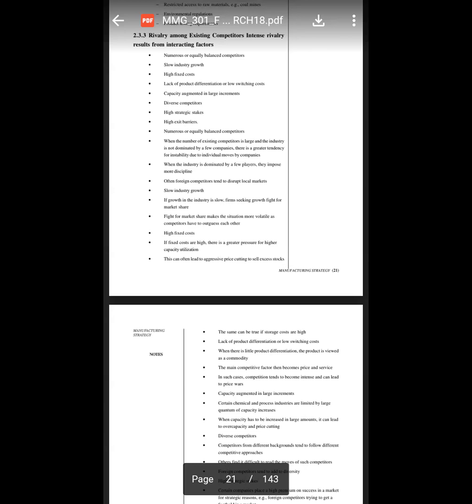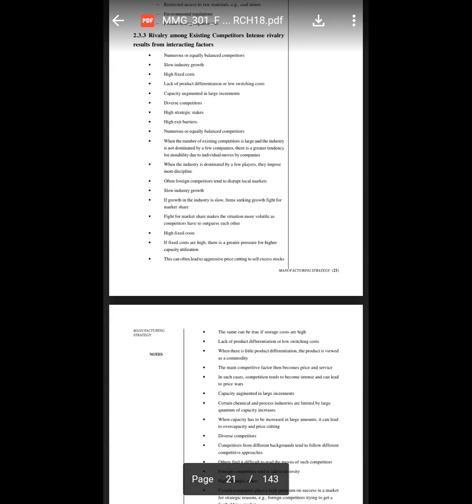Okay, now rivalry against existing competitors: intense rivalry results from interacting factors. Now see, slow entry cost, high fixed cost, capacity, diverse competitors, high strategic stakes, high exit barriers, an enormous number of equally balanced competitors, high fixed cost, slow industry growth.